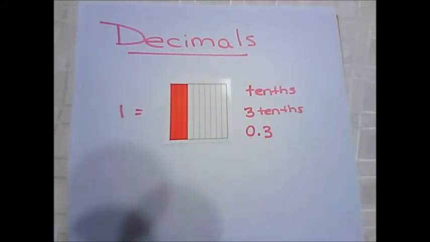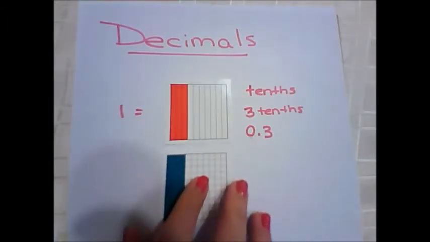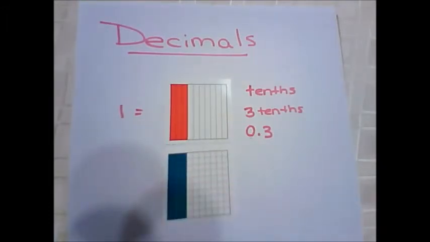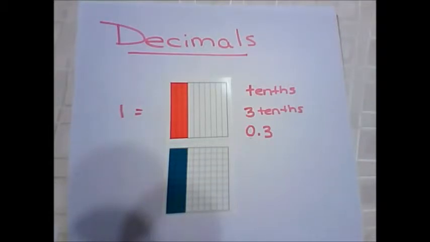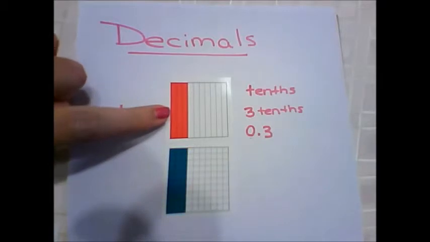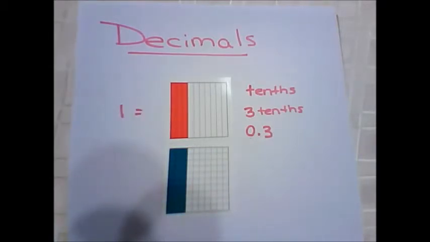Now let's compare this piece to another decimal square. Let's take a look at this one. I know this really doesn't show up, but this color here is green. And this square is the same size as the other square. So again, let's assume the larger square is just 1 unit.